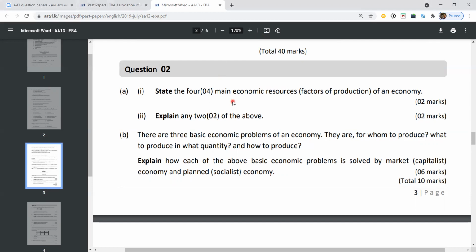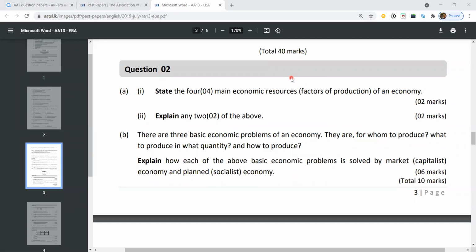As well as capital. Capital means man-made resources involved in the production process, including machines, buildings, equipment. Entrepreneurship: an entrepreneur has risk-taking ability and organizes the other factors of production in order to produce goods and services.